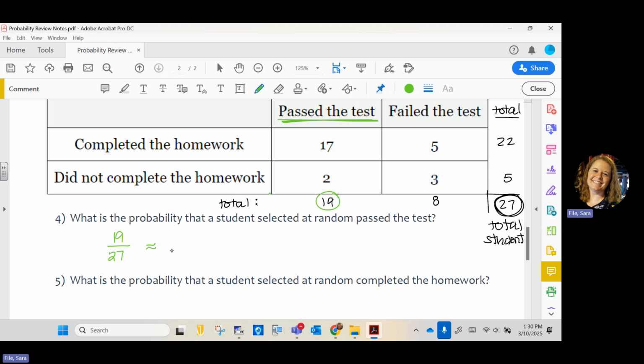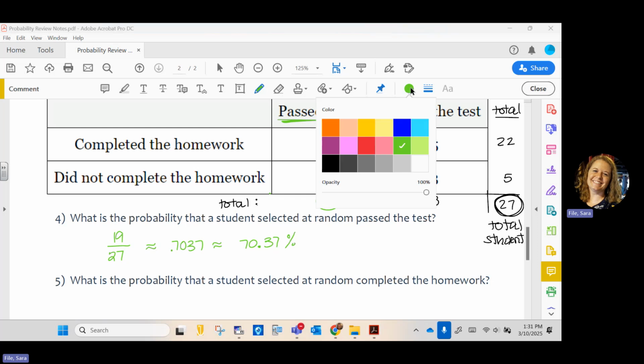If you were to divide that, I could round it, 0.737. As a percent, you move that 2 places, that's about 73.7%. Now again, that's approximately, not exactly. Exactly is the fraction. Approximately is this decimal or percent.